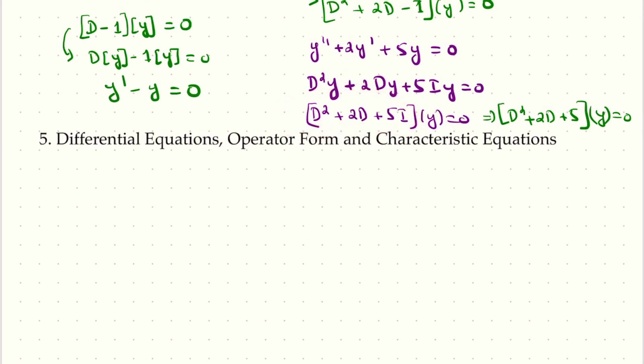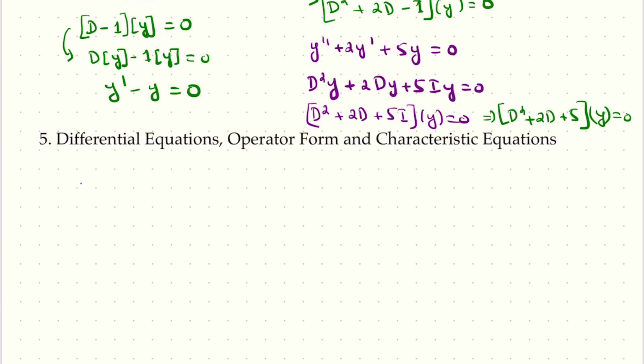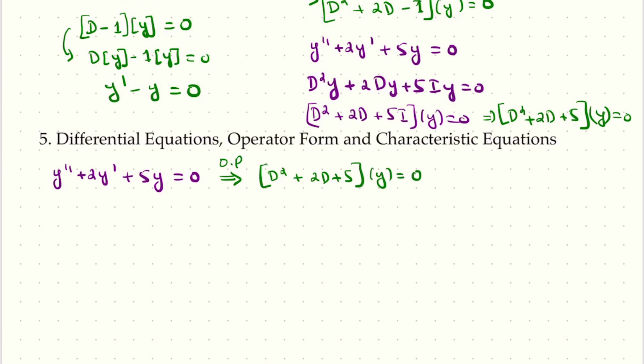So if you have a differential equation whose operator form is D squared plus 2D plus 5 of y equal to 0, the characteristic equation that we learned earlier in the previous section is m squared plus 2m plus 5 equal to 0.